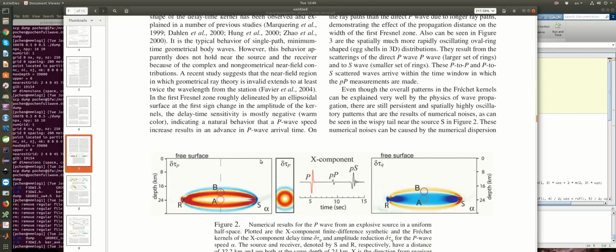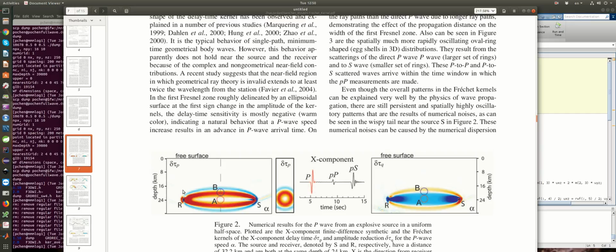So the geometric setup is more or less like that, right? This is a cross-section view. This is the simulation box. Source is here, receiver is here, right? And in my setup, I actually reversed the position of the source and receiver. Source is to the left, receiver is to the right.